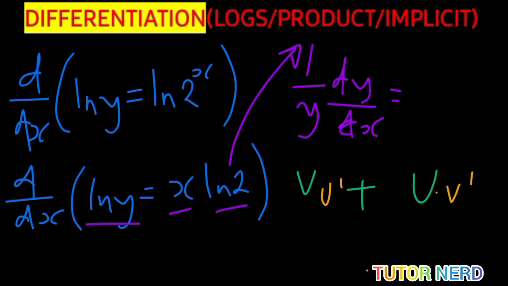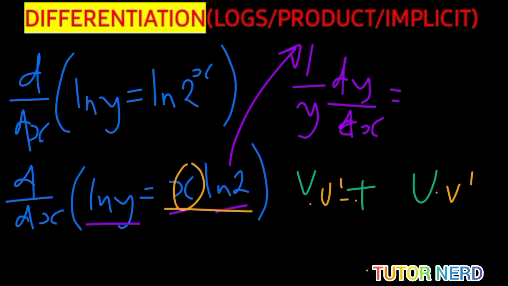What is our u here? You can take any value to be your u or your v, but I would advise you go by alphabetical order. The letter that comes first in the alphabet is u, so you take u to be your first term, the value that comes first in the multiplication.